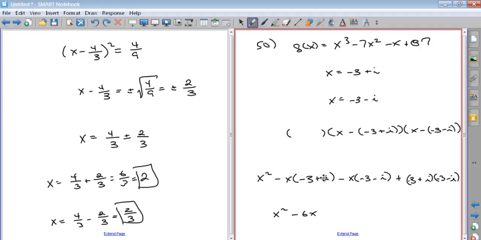So the imaginary parts cancel out, because they're complex conjugates of each other. Then if you multiply out the last thing, you get plus 9, negative 3 times negative 3, and then negative i squared. i squared is negative 1, so negative 1 times negative 1 is positive. So you get plus 9 plus 1. So you get x squared minus 6x plus 10.